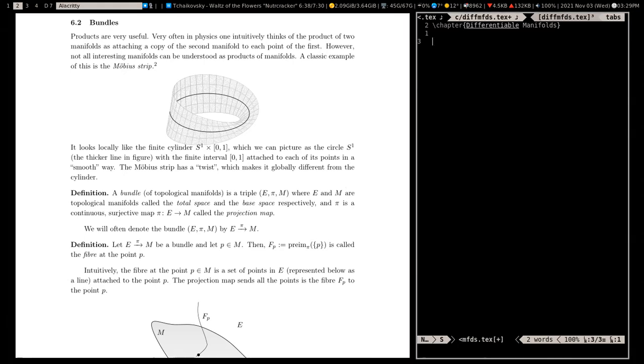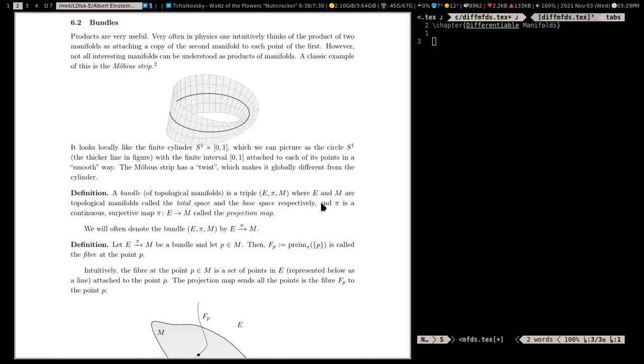If you denote the total space with E and the base space with M, then you have this surjective continuous map called the projection map taking you from E to M. And this whole construction is called the bundle. This is a bundle of topological manifolds.